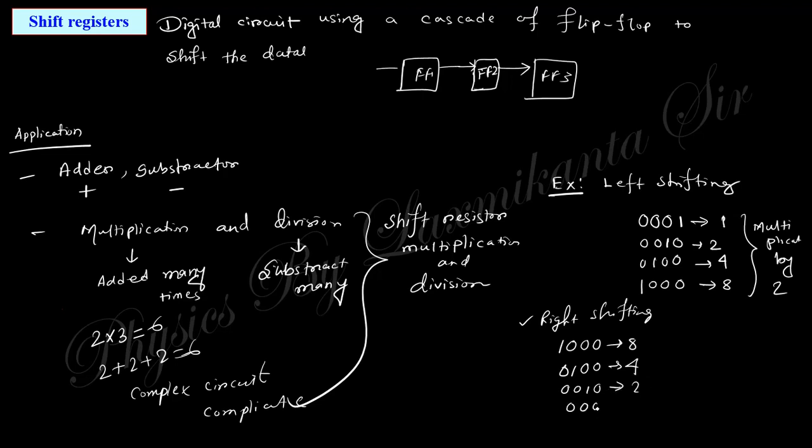Again right shifting, you will get 1. So this is nothing but division by 2. So shift register is used for multiplication and division. I think it is clear about the shift register, its definition, application, etc.